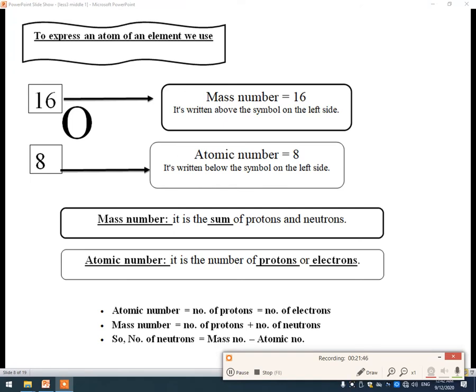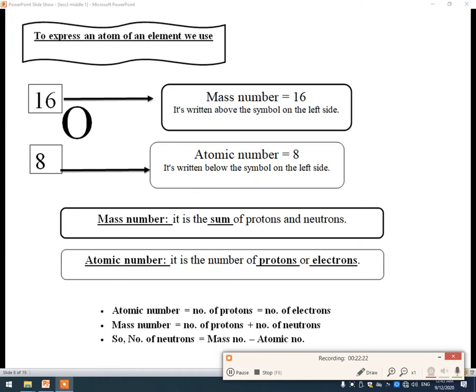The atomic number is the number of protons or electrons. Why do I say that the atomic number is the number of protons or electrons? Because you know that the number of protons equals the number of electrons. So I can say that the atomic number is the number of protons or electrons.